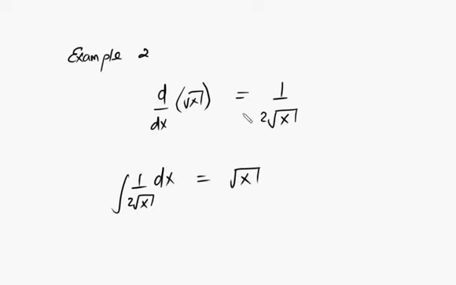So it's just the inverse of differentiation. Plus c, where c is a constant. You see? Differentiate square root of x, napata 1 over 2 radical x. Integrate 1 over 2 radical x, napata square root of x. Integration is the inverse of differentiation. Okay? It just goes like that.